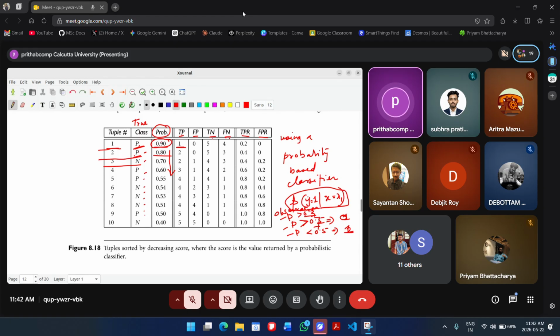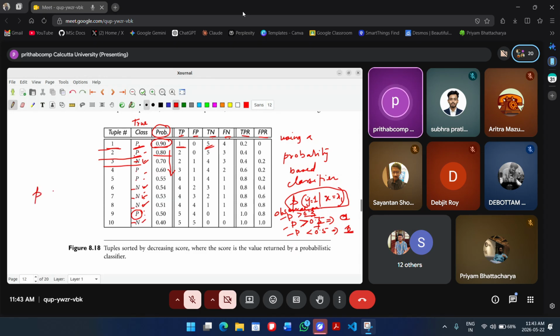Among all such negatives, which have been correctly classified? This has been correctly classified, this has been correctly classified, 3, 4 and 5. All these 5 negatives have been correctly classified, so the true negative is 5. Then what else is remaining? Count which are the false negatives.